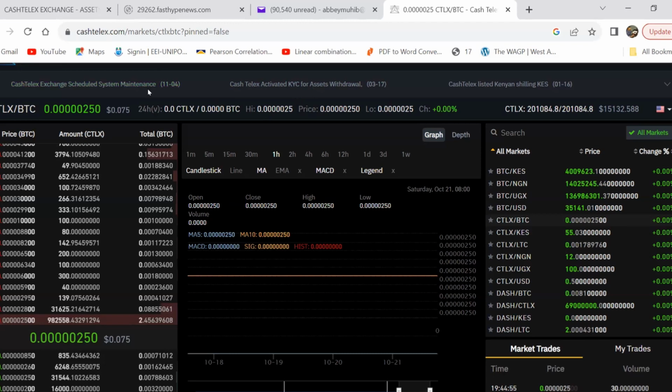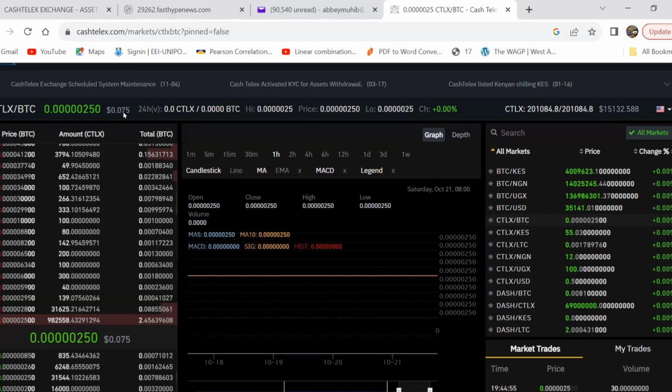As I told you earlier, for now we are only pairing CTLX and Bitcoin. So on our exchange, the price at which we are selling CTLX is 0.0000250.